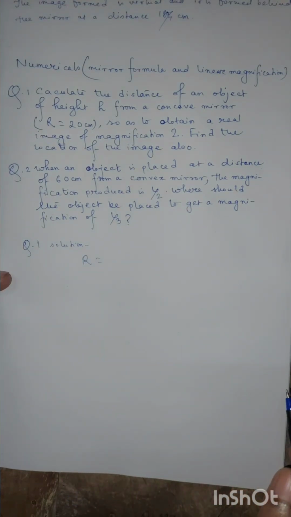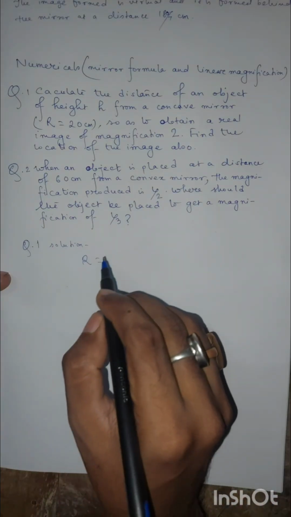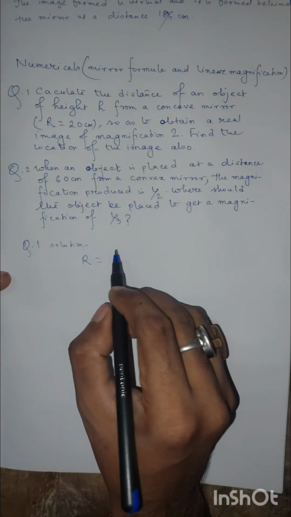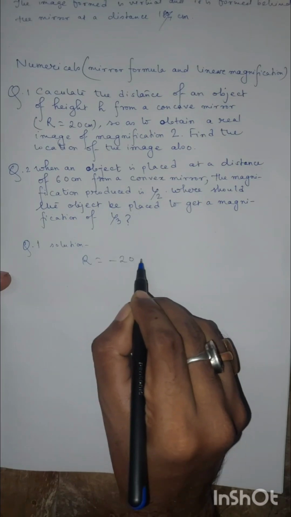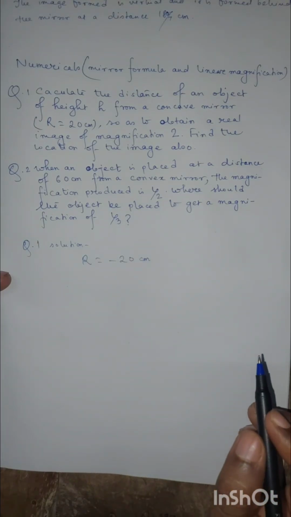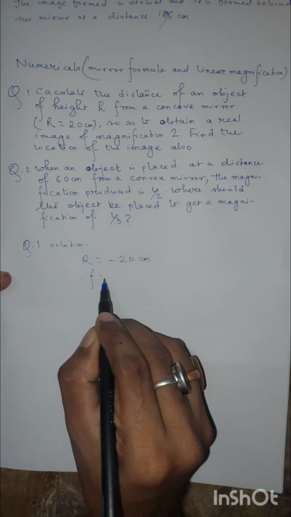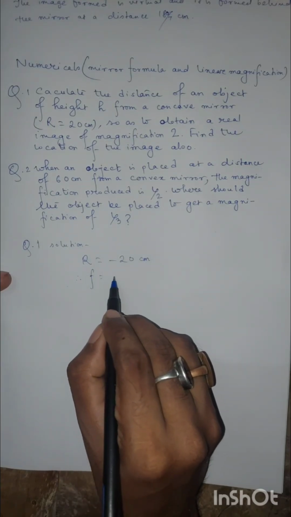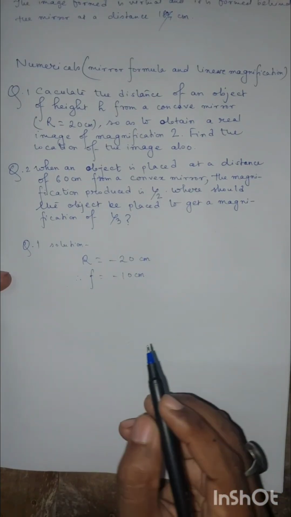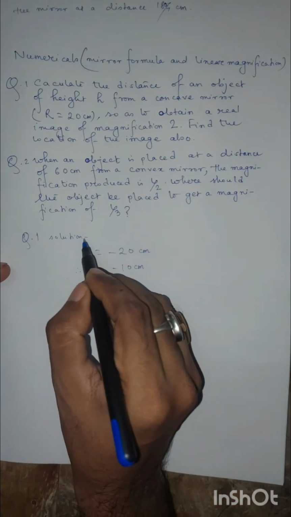For a concave mirror, we take the radius of curvature negative. So the radius of curvature is minus 20 centimeter. Therefore, the focal length is half of the radius of curvature, that means minus 10 centimeter.